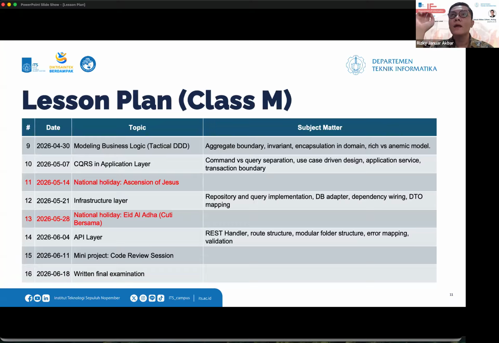For example, the errors from the domain layer will be propagated up to the application layer, and then from the application layer will be wrapped and propagated to the upper layer, the API layer. And last, in weeks 15 and 16, we have evaluation and assessment. We have a code review session, and in the last week 16, you'll have a written final examination.